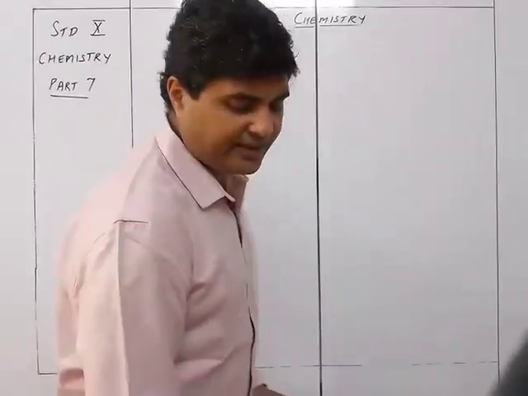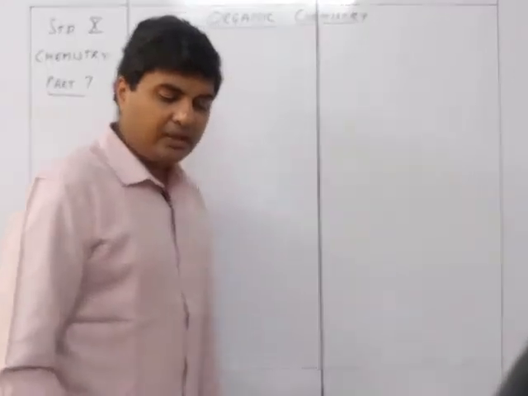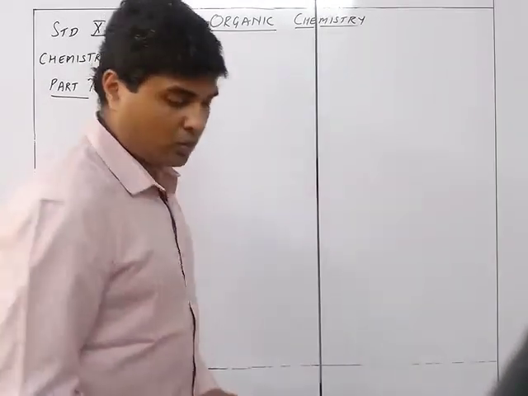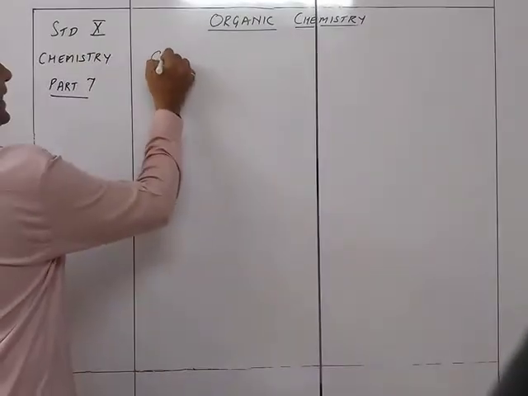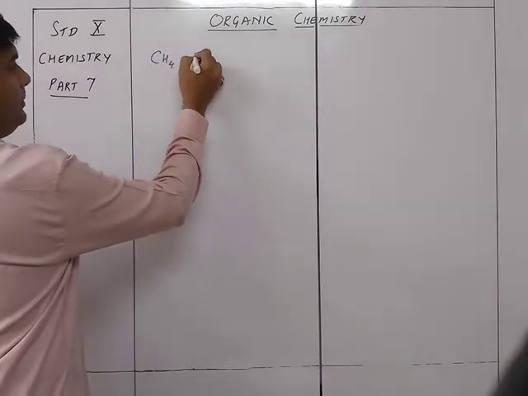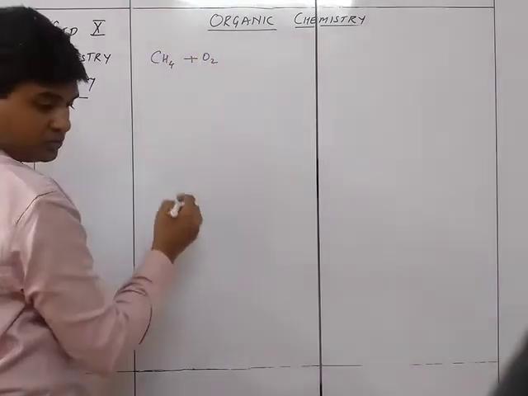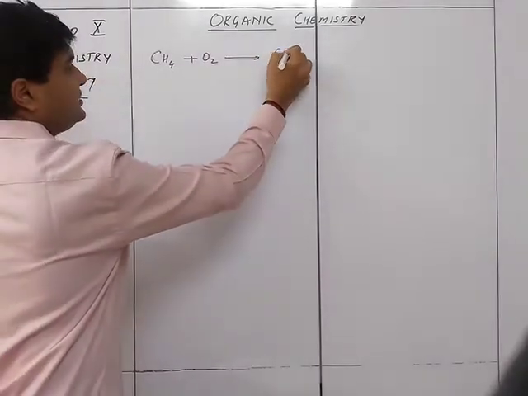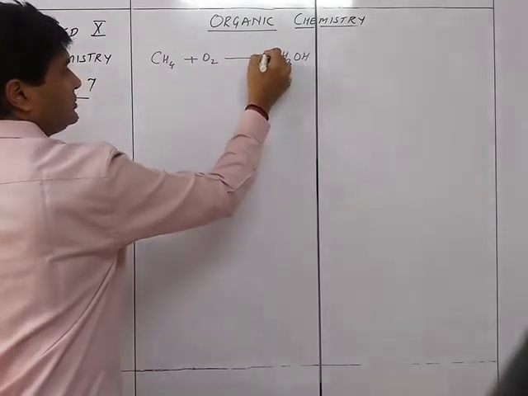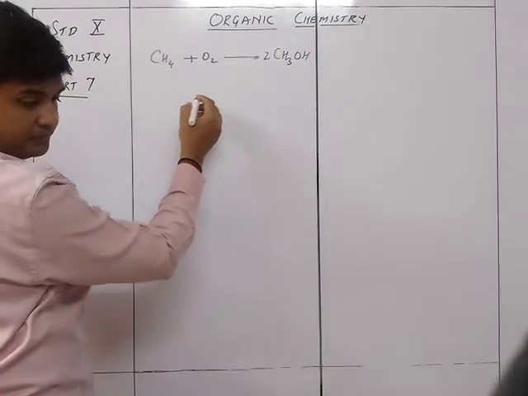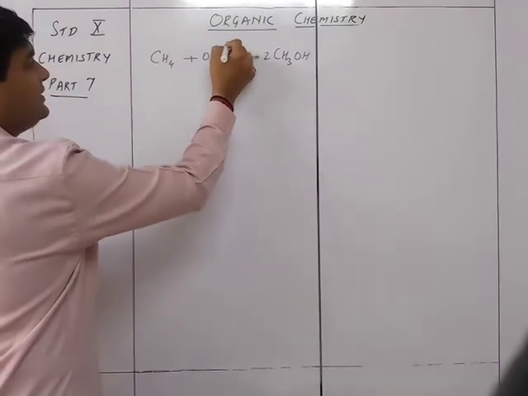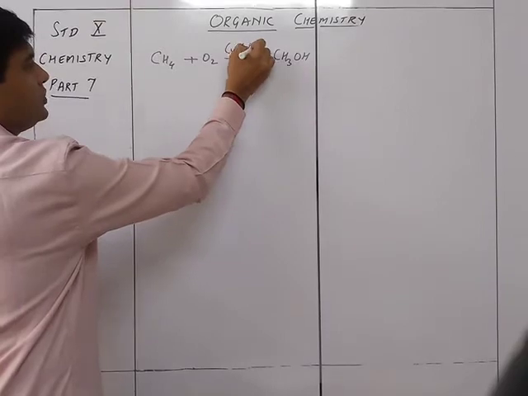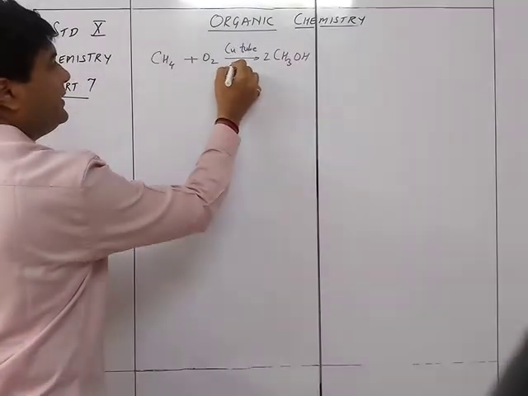So the first thing is methane converted into alcohol. First is CH4. It is going to react with O2 to give you CH3OH. That is the balancing over here. This is under Cu tubes, so Cu tube and 200 degrees Celsius.